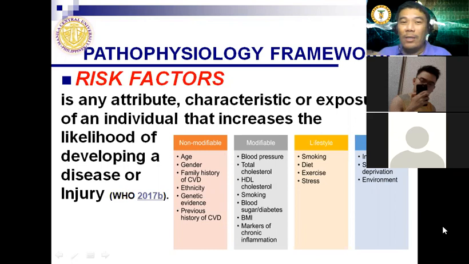So we are just on the non-modifiable and modifiable risk factors. How about the lifestyle? When it comes to lifestyle, usually we consider it if it is habitual, if these are the activities of daily living of the individual who has been diagnosed with the disease. Example, smoking, as I've told you, could be habitual.